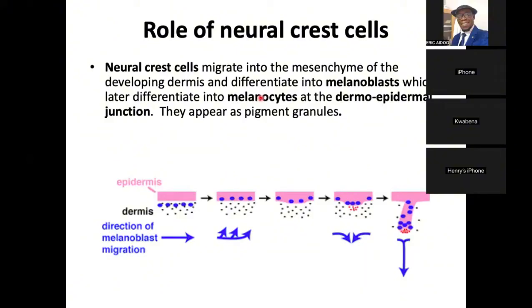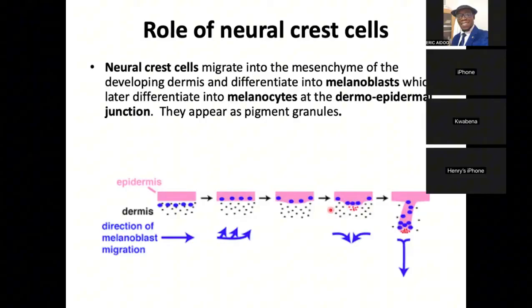You have matured. So these blue ones are laying themselves down at the junction of the epidermis and the dermis. And you can see they are releasing some red particles here. Those will become the granules we are talking about.